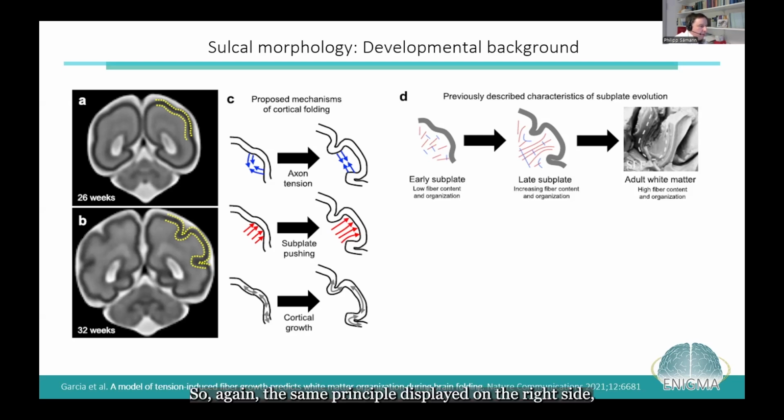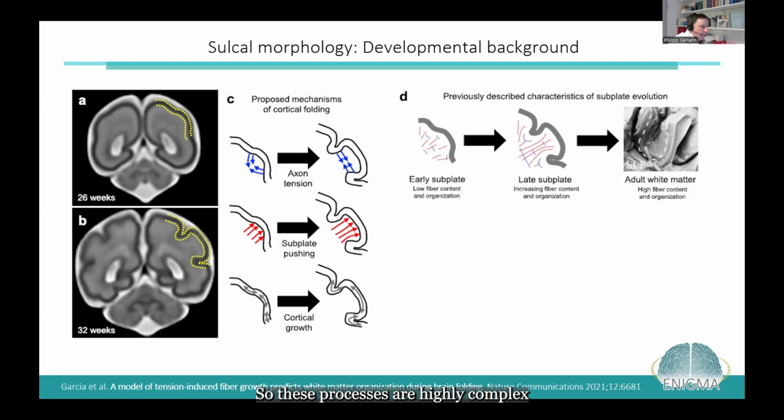So again, the same principle displayed on the right side. In the early subplate phase, you have a low fiber content and organization, and this becomes then more and more organized with fibers developing into the gyrus and also fibers in the orthogonal direction at the basis of the gyrus that also exert mechanical forces.